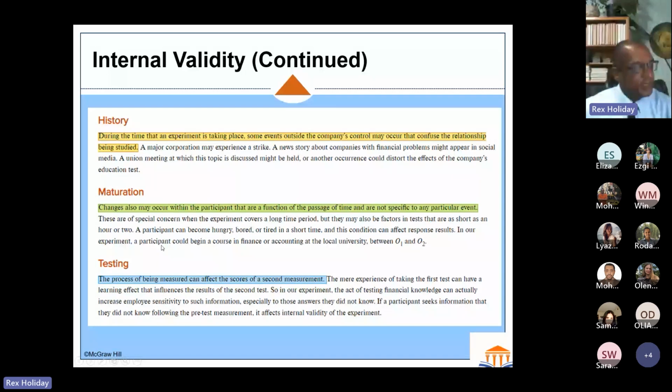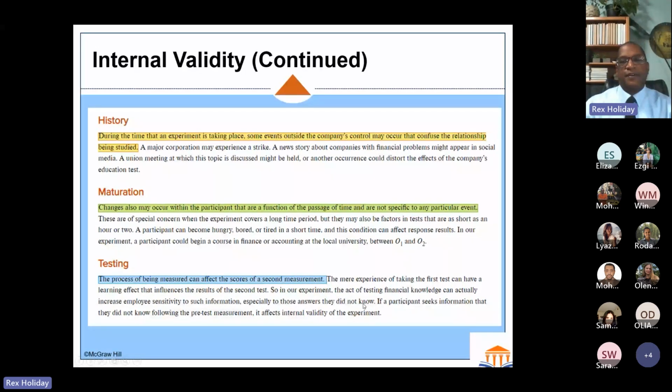And then testing. The process of being measured can affect the scores of a second measurement. The mere experience of taking the first test can have a learning effect that influences the results of the second test. So in our experiment, the act of testing financial knowledge can actually increase employees' sensitivity to such information, especially those answers they did not know.